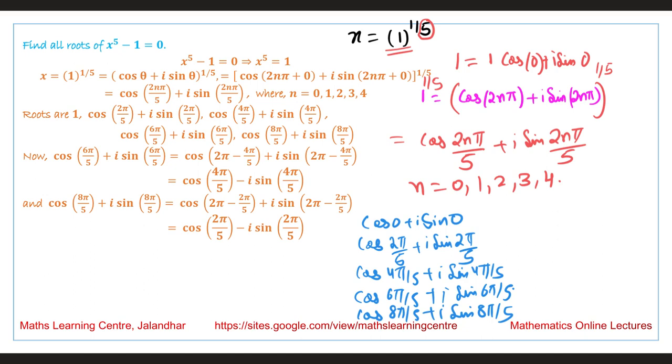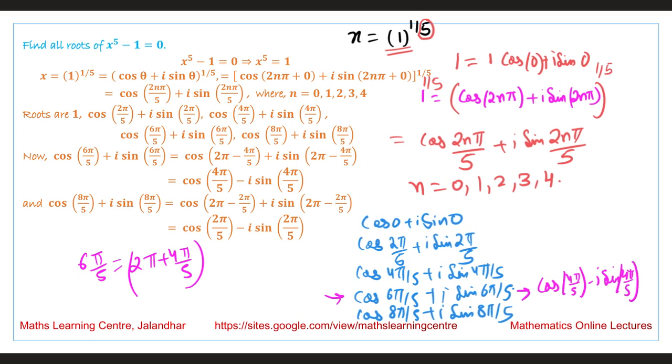Now look at these values over here. When we are talking about 6 pi by 5, that is equal to 2 pi plus 4 pi by 5... wait, 6 pi by 5 is 2 pi minus 4 pi by 5, so this value will become cos of 4 pi by 5 minus iota sin 4 pi by 5.